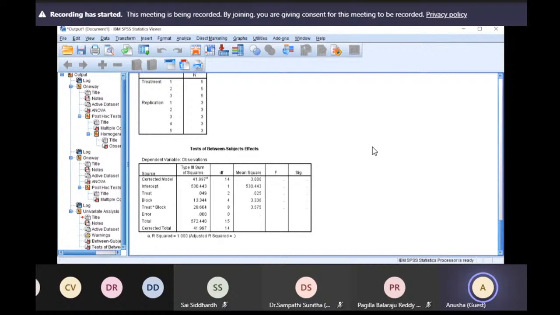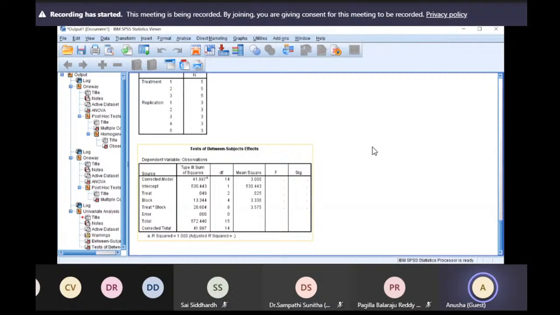Only these two. Yeah, the tests of between-subjects effects that you show. So this is the analysis of variance table, the corrected model. So model fitting, this is actually, and the intercept of the model, that is also what you are getting, but these are not required.